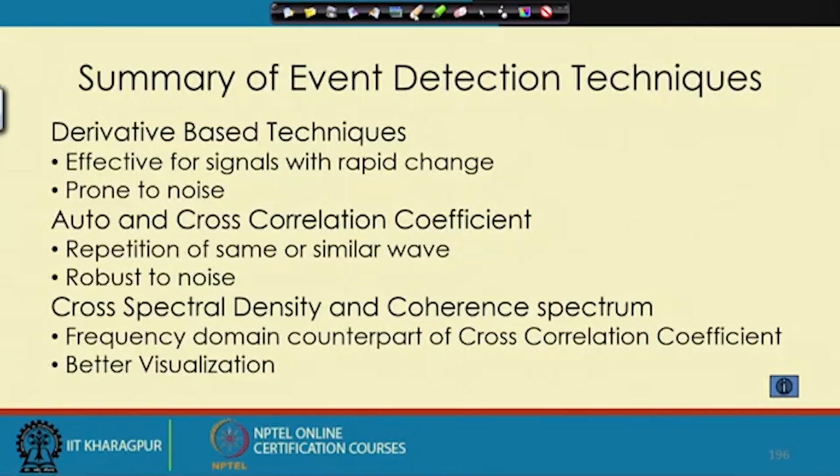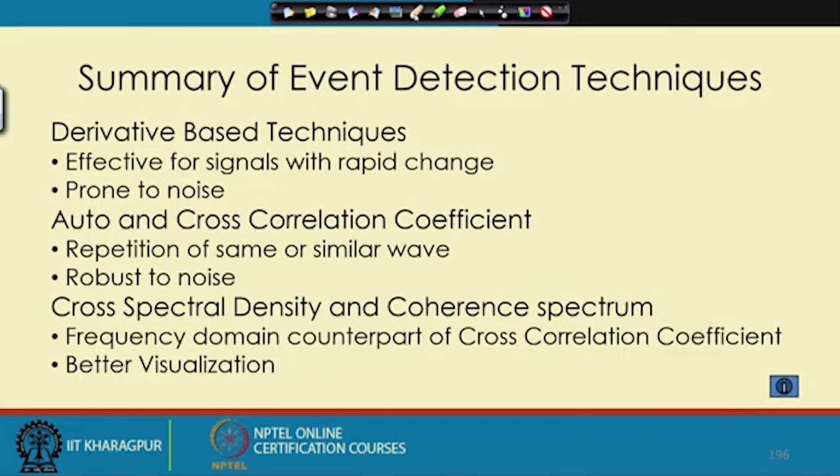The next technique that we have taken is cross spectral density. From there we have taken something called the coherence spectrum. Again we are normalizing it with the energy. It is the frequency domain counterpart of the cross correlation coefficient, we can say.